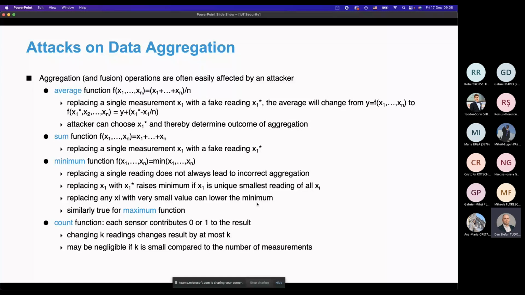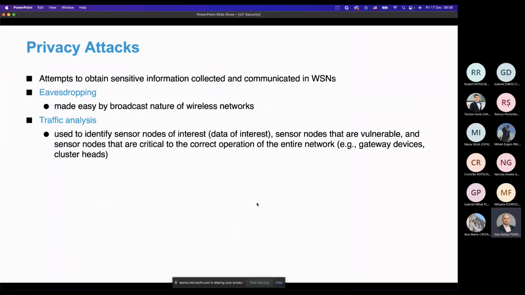You cannot have data aggregation schemes done in plain text, because you can have eavesdropping, and then you can have attackers insert values to actually tamper with your measurements.